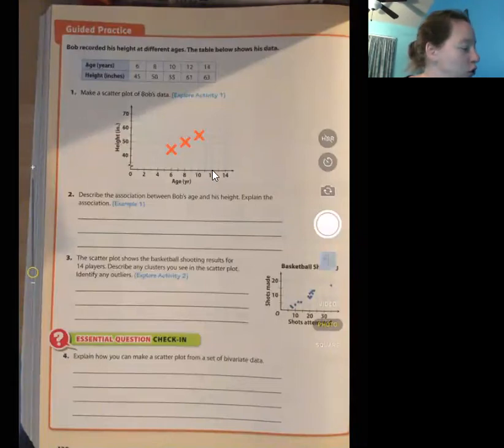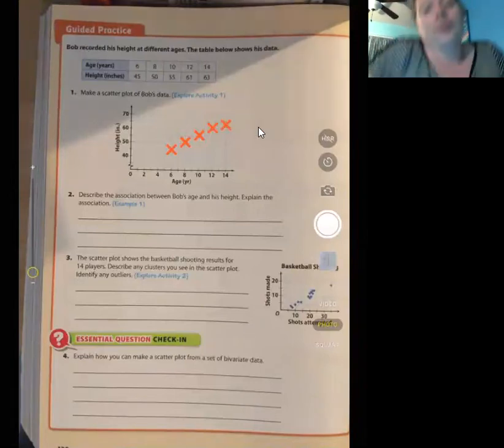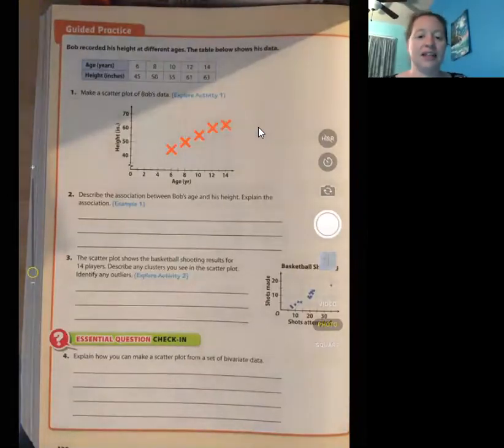At 12 years old, he is 61 inches. So I go over to the 12, up to the 60, and then a teeny bit above it to 61. And at 14, he is 63 inches. So I go over to the 14, up to the 60, and then a teeniest bit more, 63. So right there like that.